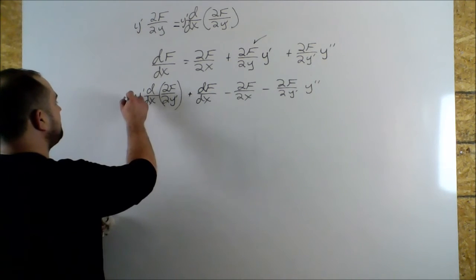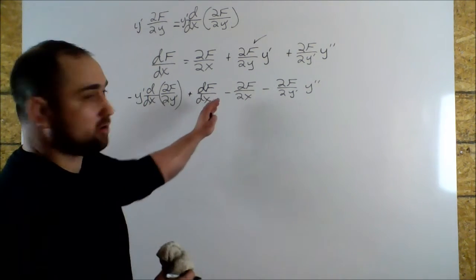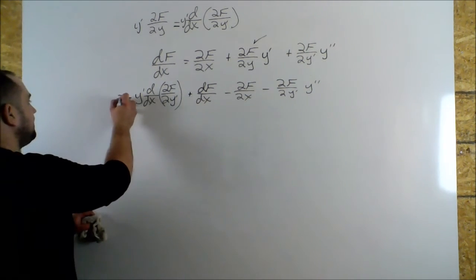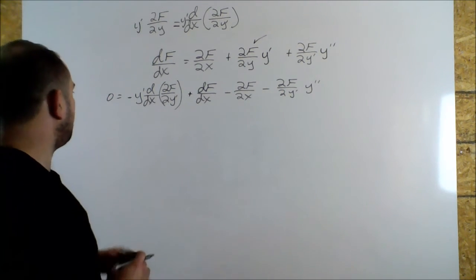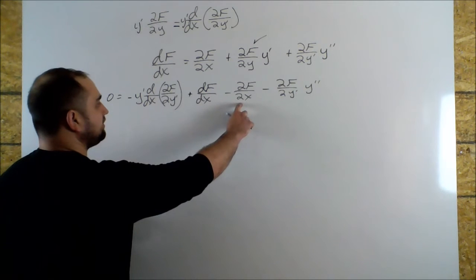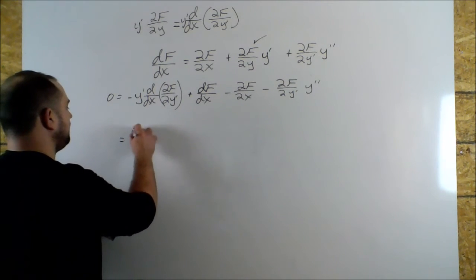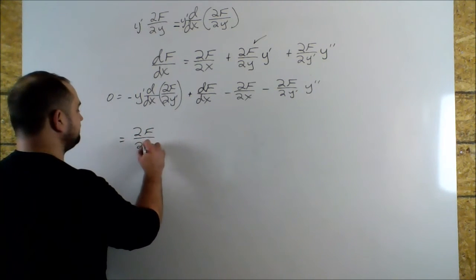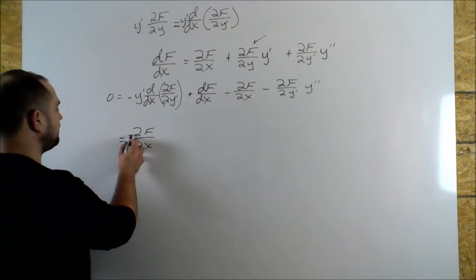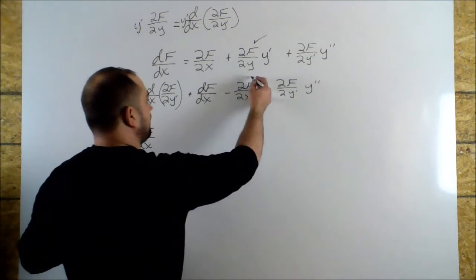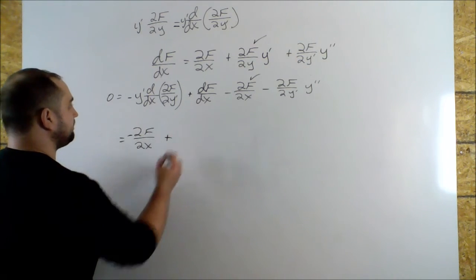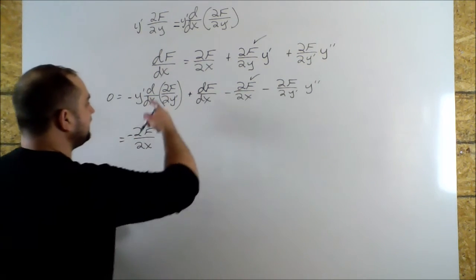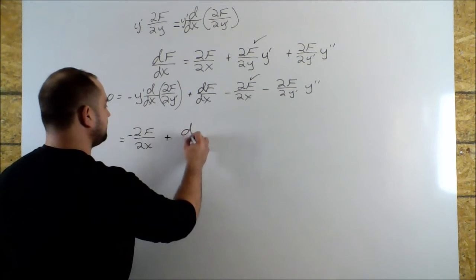And so I'm going to get a minus because I've moved that over, and this is equal to 0. Okay, so now if I take this and I put it out front, so I have a negative out in front of it, I can rewrite everything that's left.